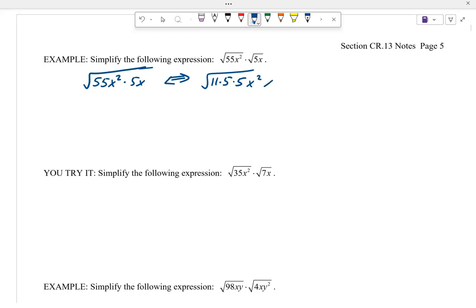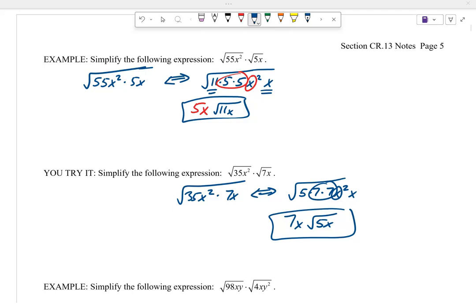And then I've got x squared and I've got x. So I'm like, oh, square root of 25 is 5, right? Square root of x squared is x. And what am I left with underneath? Just an 11x. Similarly for this, you try it if you want to pause it. Should get that 7x root 5x on that you try it problem.